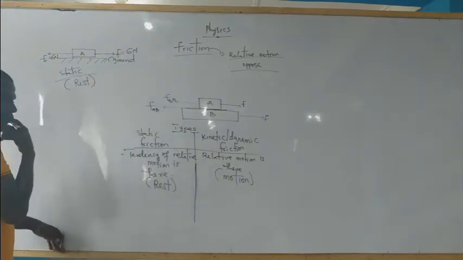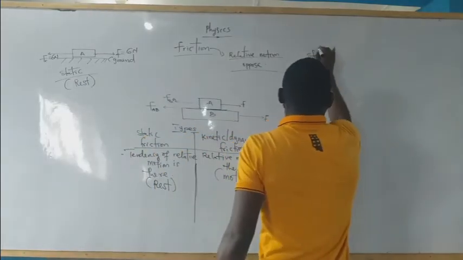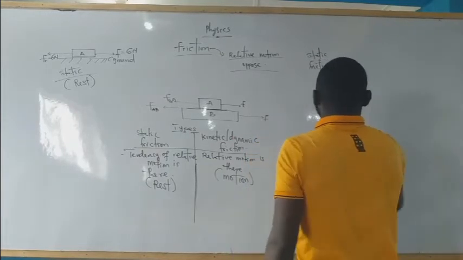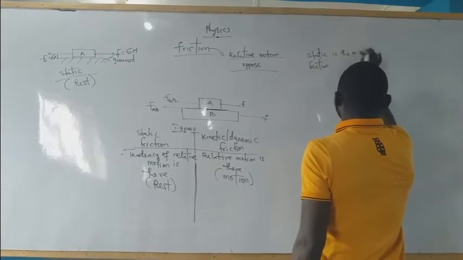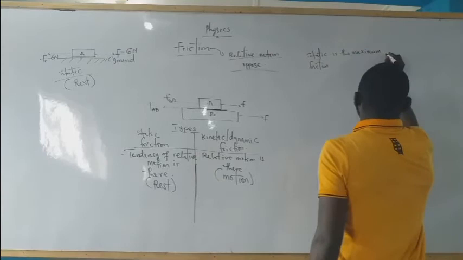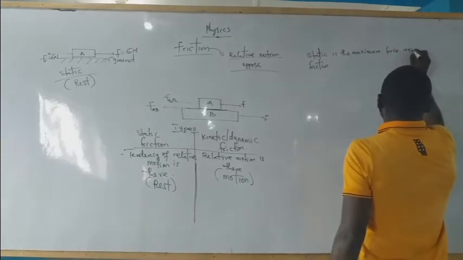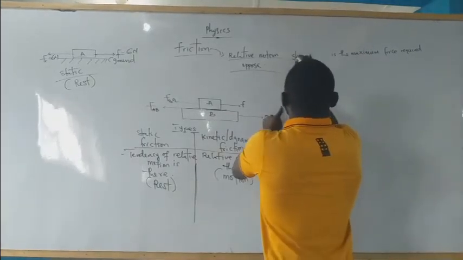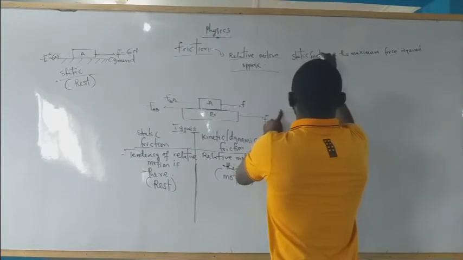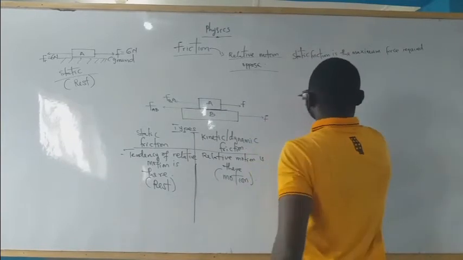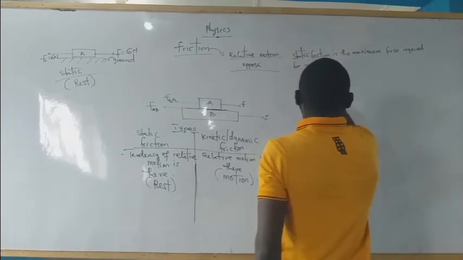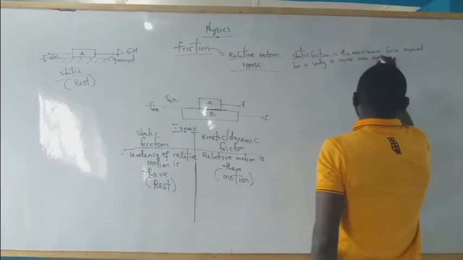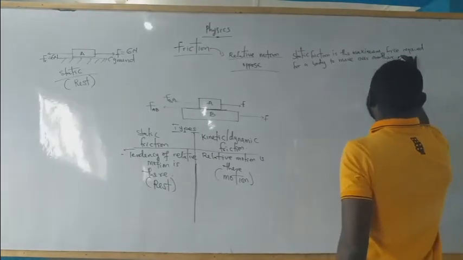Or we can say that static friction is the maximum force required for a body to move over another body.